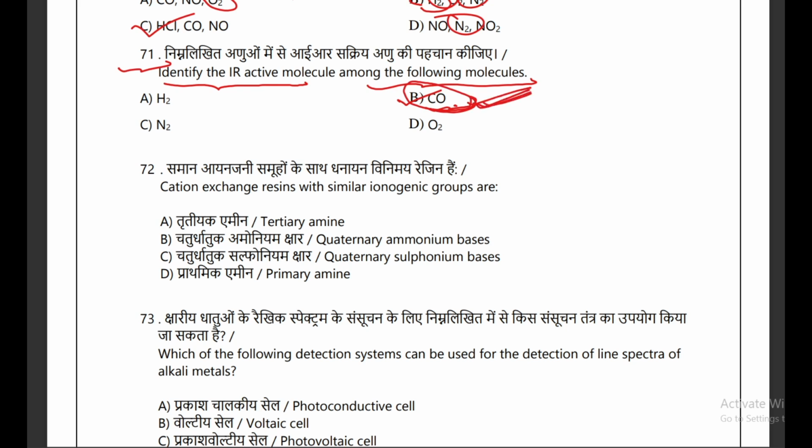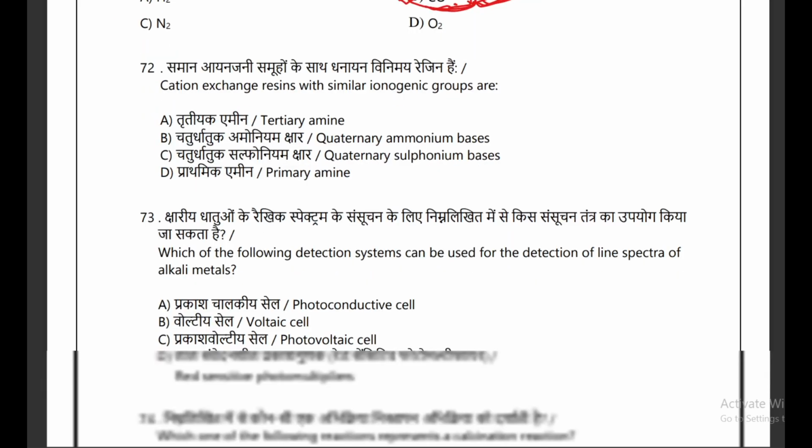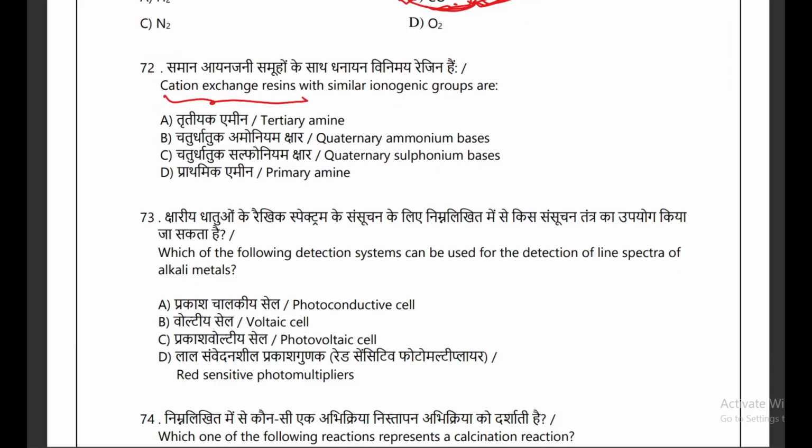In the next question, they are saying cation exchange resins with similar ionogenic groups. So ionogenic group means the ionic groups which are exchangeable. So we are talking about cation exchange resins, and they are providing you four options. One is tertiary amine, quaternary ammonium bases, quaternary sulfonium bases, and primary amine.